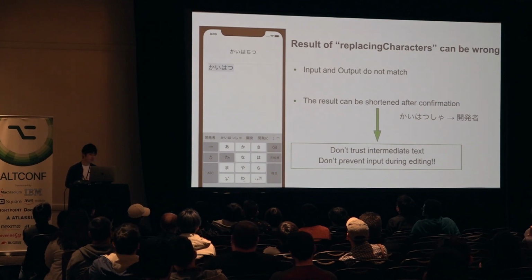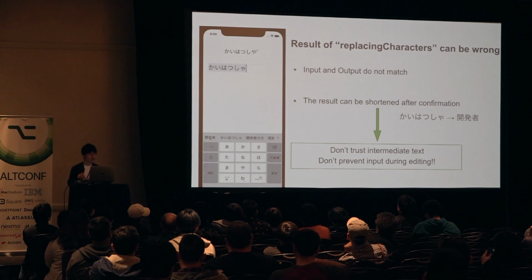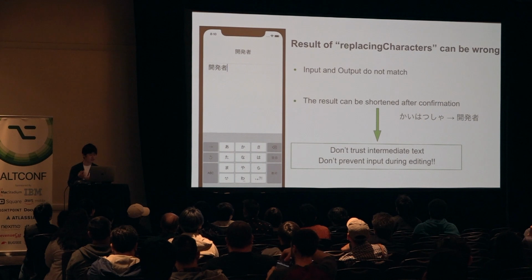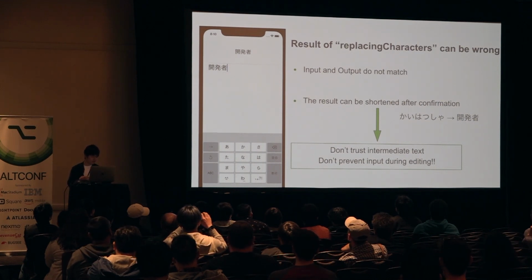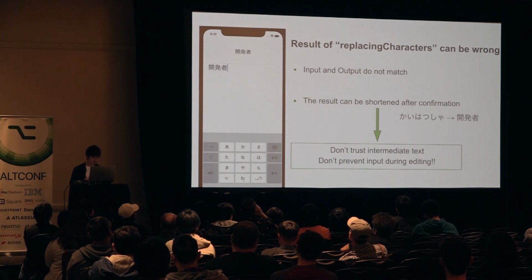There are 2 points to notice. First, the input and output don't always match. So don't trust the intermediate text. Secondly, the result is shortened after the confirmation. Since we cannot input kanji directly, we have to input intermediate hiragana and convert at the end.